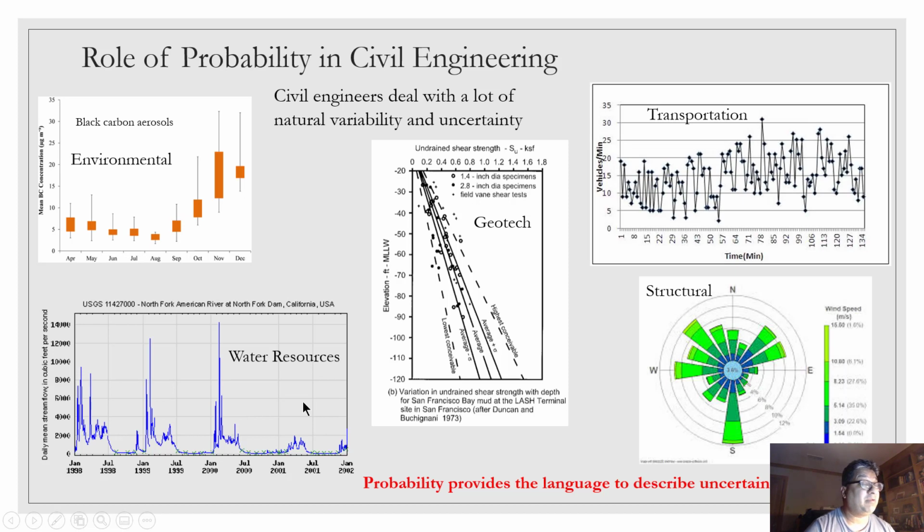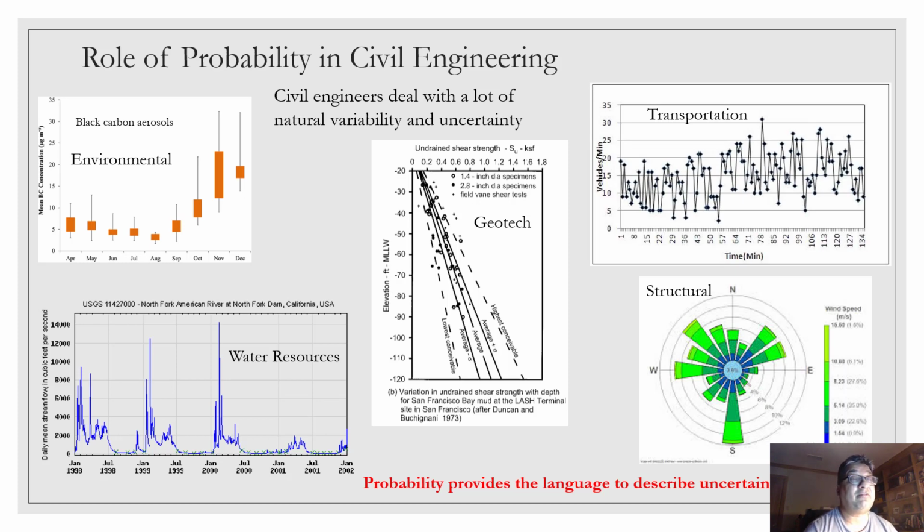So again, if you're dealing with water resources systems, be it surface water, groundwater, you do see variability in your data. So regardless of what discipline of civil engineering you're interested in, you will see variability.